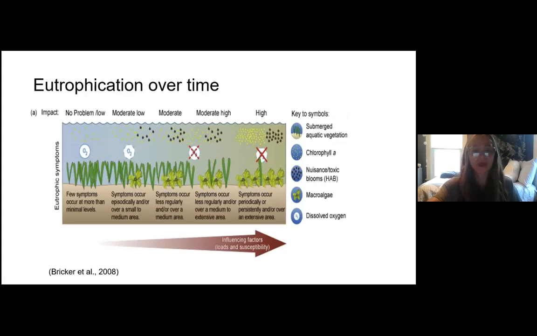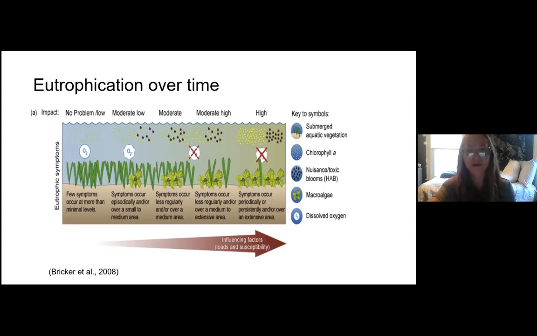So, talking about eutrophication and all of this background information, I wanted to give a visual to give a clearer impression of what I'm talking about for those who might not be familiar. So this visual just goes over how eutrophication impacts the system over time. And you can see in the no problem and low impact zone, there's a lot of submerged aquatic vegetation.